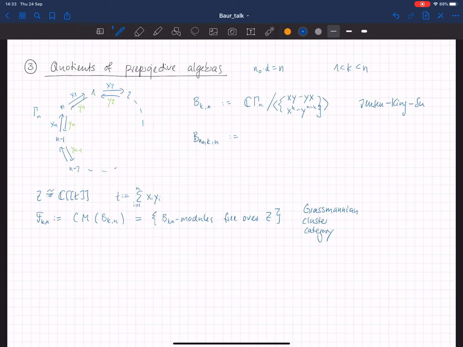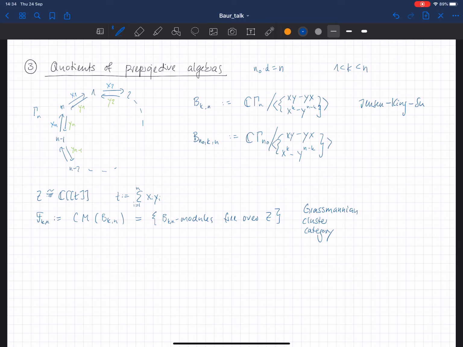Now for the orbifold diagram I need a slightly modified version. So now let's assume that n is a multiple of n0. Then I take the pre-projective algebra underlying quiver as gamma n0. Again, I want to have xy the same as yx for all these vertices n0. Now the other relations will involve longer paths, so I really take again y to the n, which was a multiple of n0.